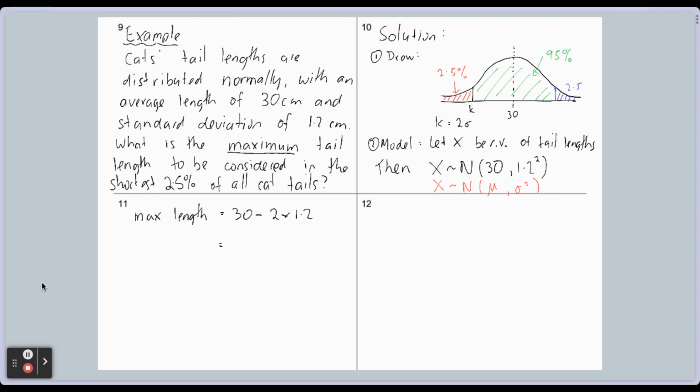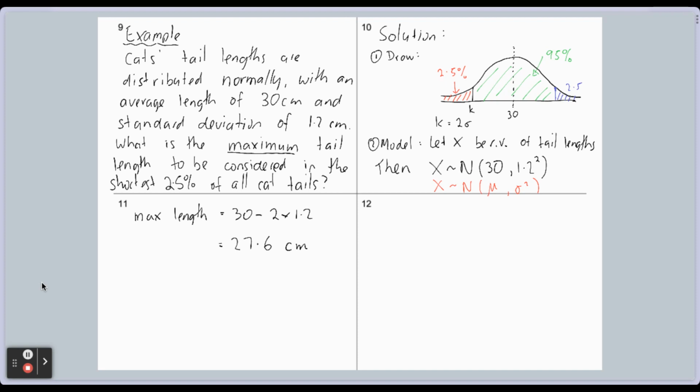So that's going to be 27.6, I think. My mental arithmetic has worked, I hope. Centimetres. There we go.